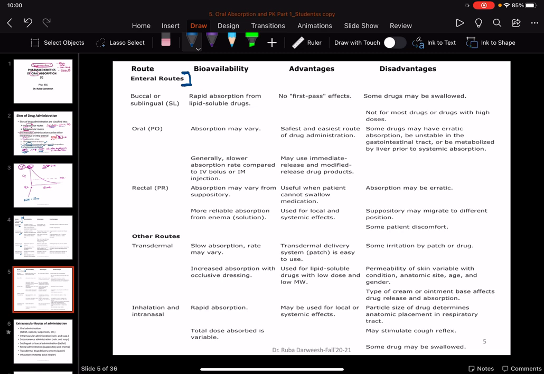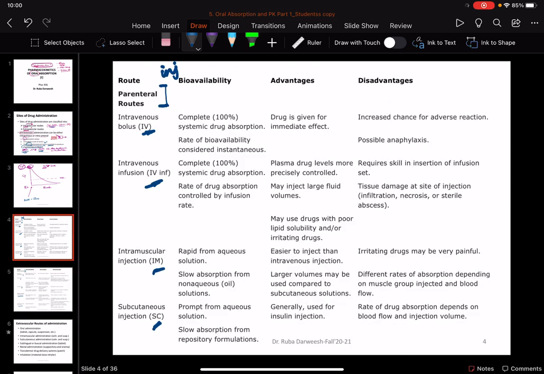Enteral routes are anything that is not related to injections, such as sublingual, oral, and rectal routes of administration, in addition to other routes such as transdermal, pulmonary, or intranasal.